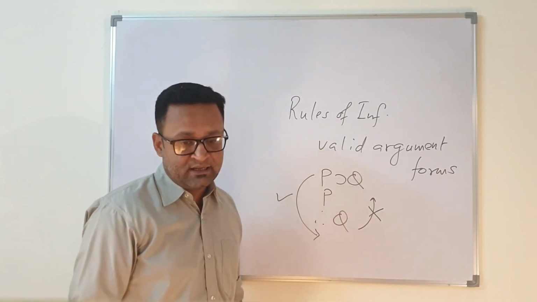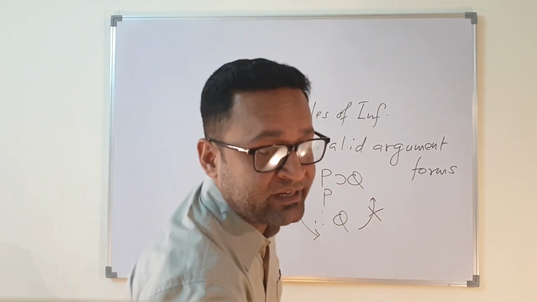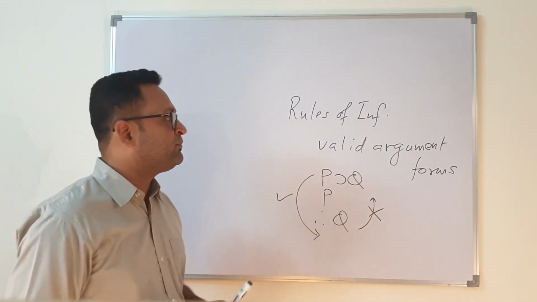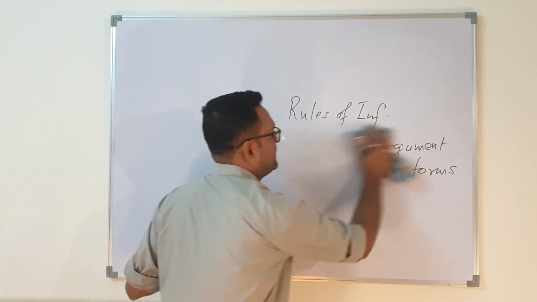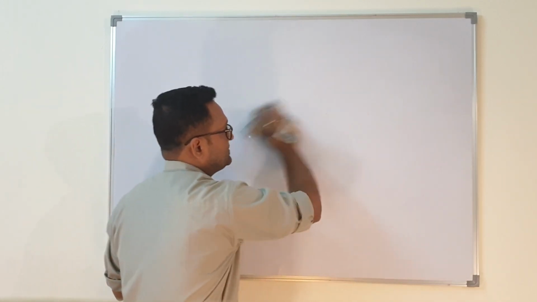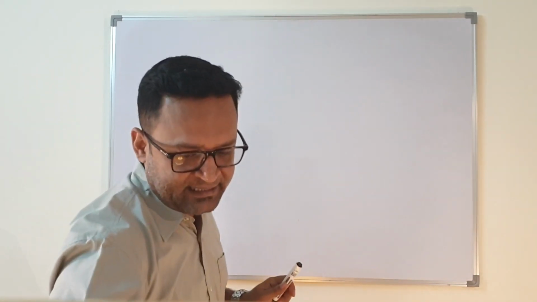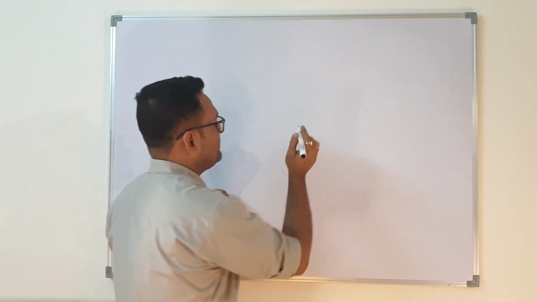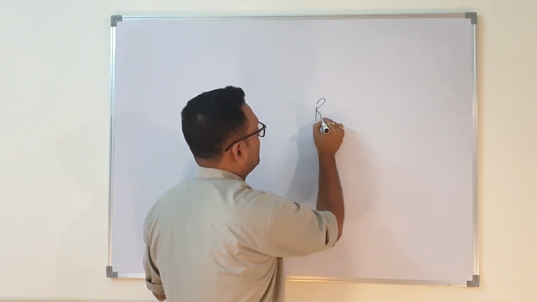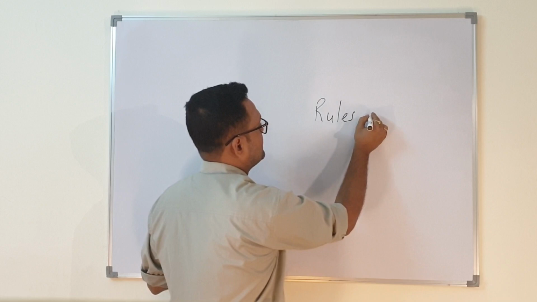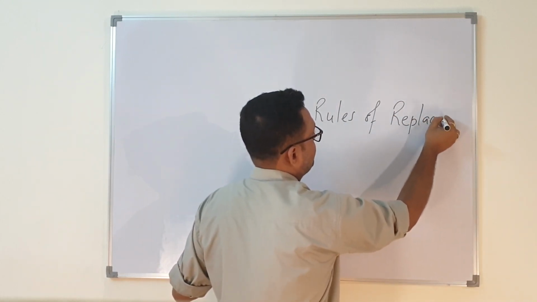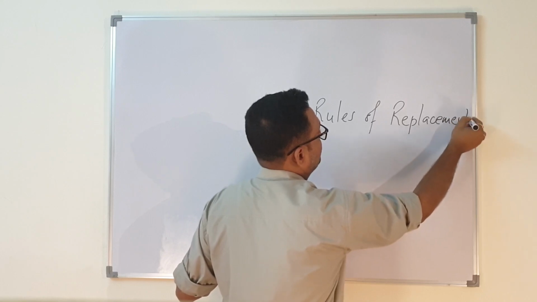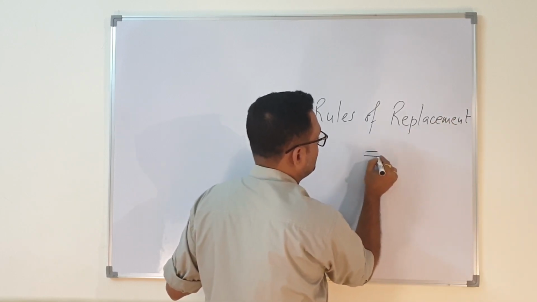Now, when we talk about rules of replacement, which are also used in proofs, and which is a very strong requirement for any natural deduction method, we say that rules of replacement are basically equivalences.